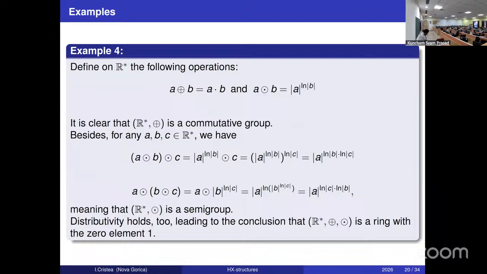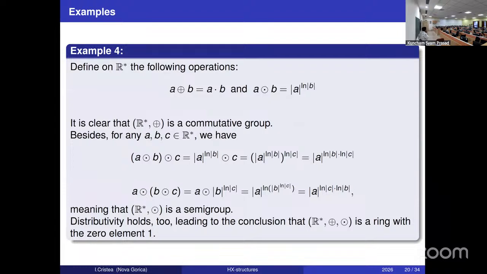Is there any Grothendieck style group completion of HX monoids towards HX groups? I'm not sure if I correctly understood the question.